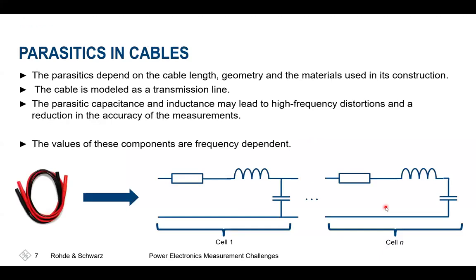For the cabling, we'll have the same. At the end, it all depends on line theory. So the longer the cable, the more likely we'll have transmission or dispersion effects caused by the cabling. And also the pure construction of these cables. So the quality of the copper inside, the insulation between the single wires and so forth will give you different parasitics in dependency of these cables.